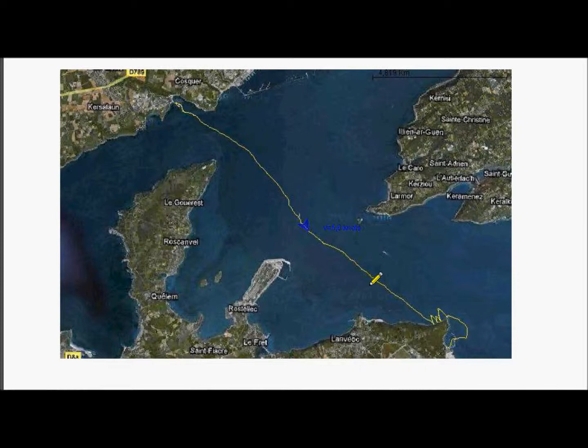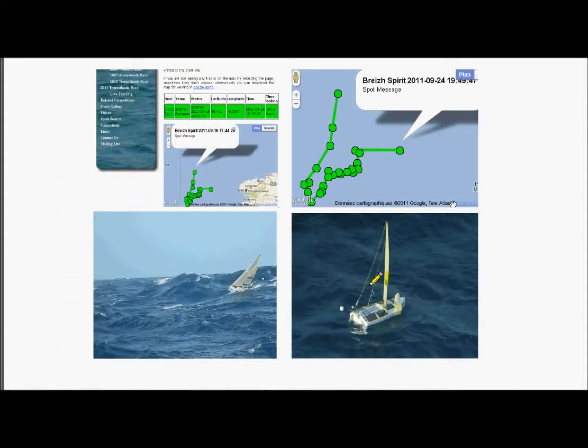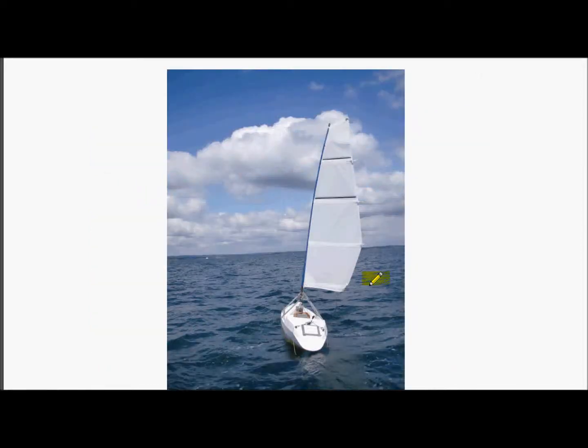And of course, because of a lot of mechanical problems, the robots always failed to cross the Atlantic Ocean. Other people, such as École Navale, also wanted to cross the ocean. You can see here the Erwan boat of École Navale, which was very efficient, but it also failed after several hundred kilometers.